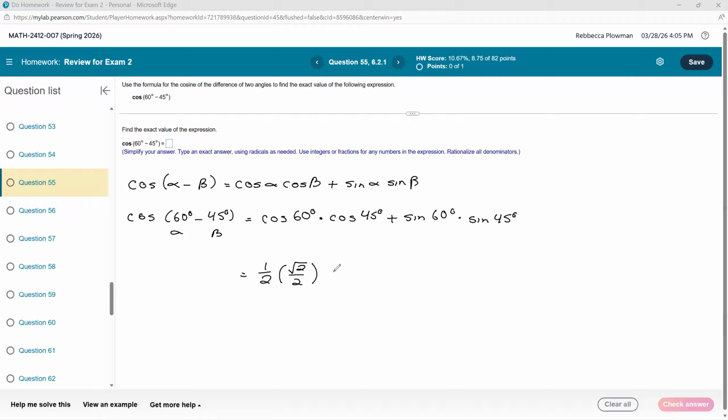Then we're going to have plus sine of 60 degrees, according to your unit circle, is going to be square root of 3 over 2. And sine of 45 degrees is square root of 2 over 2. So that is going to be square root of 2 over 4 plus square root of 6 over 4, which simplifies into square root of 2 plus square root of 6 over 4.